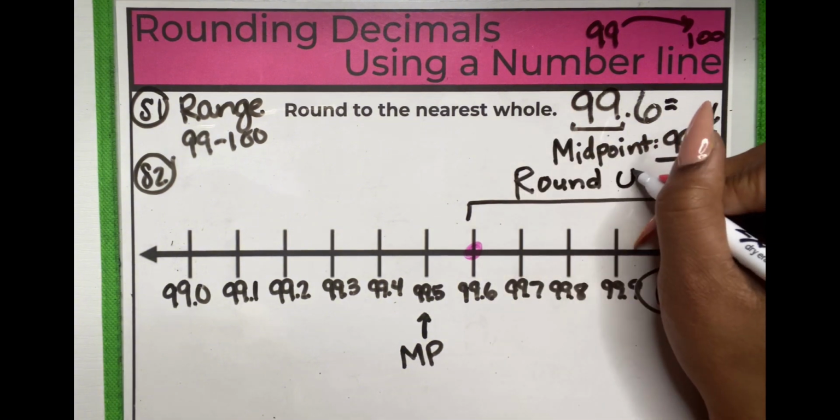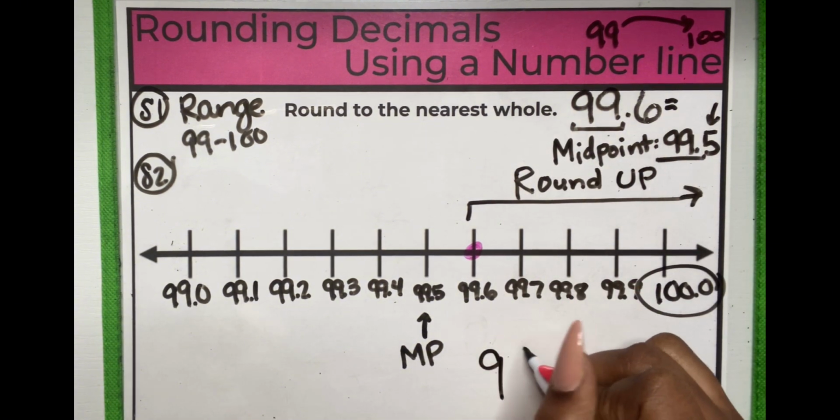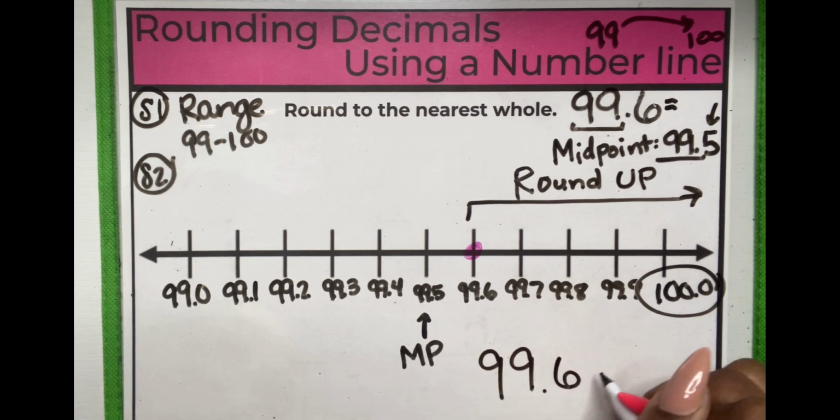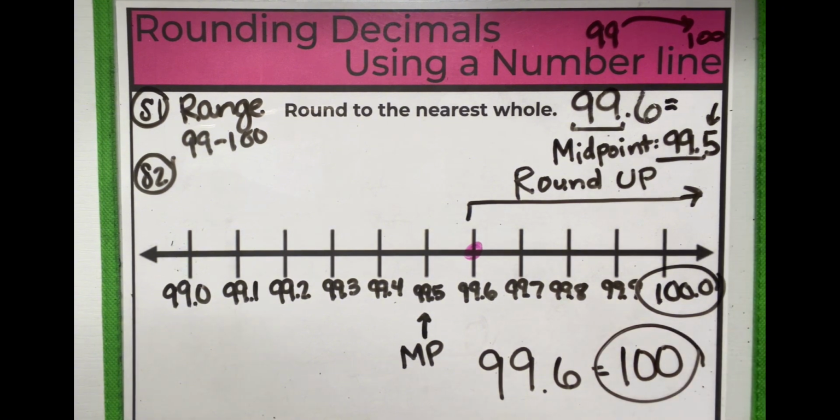Going to round up. 99 and 6/10 rounds up to 100.